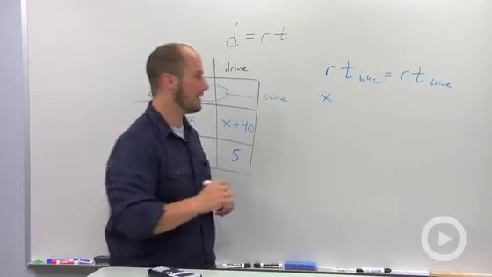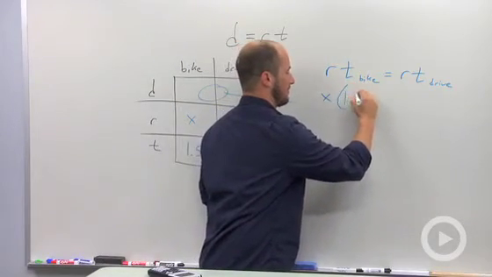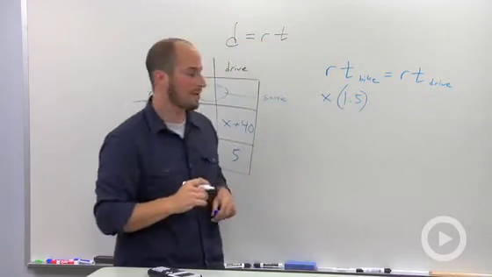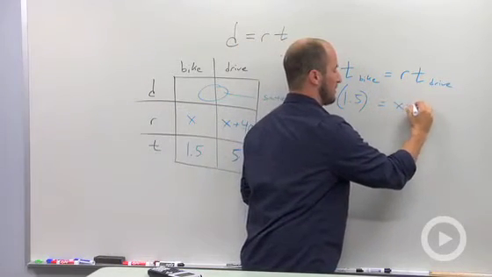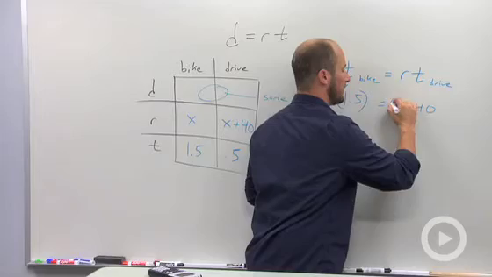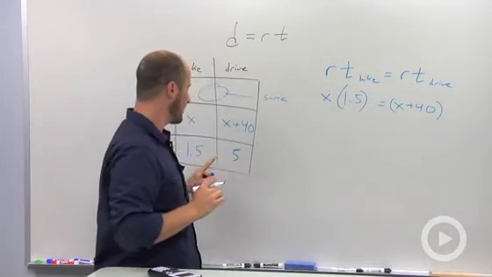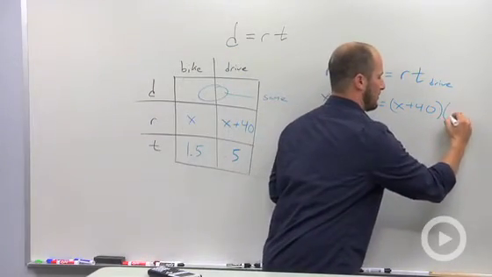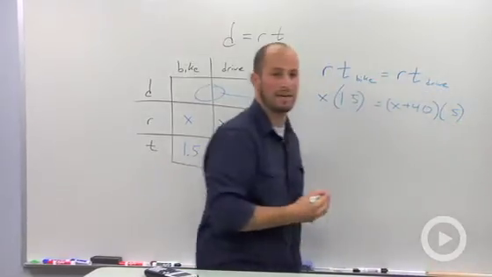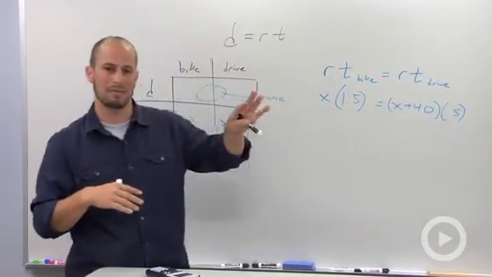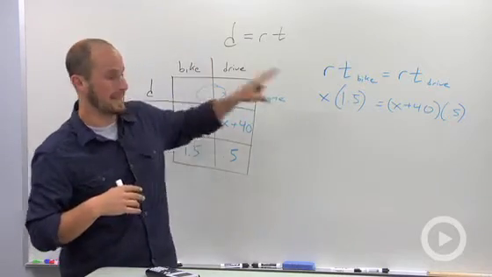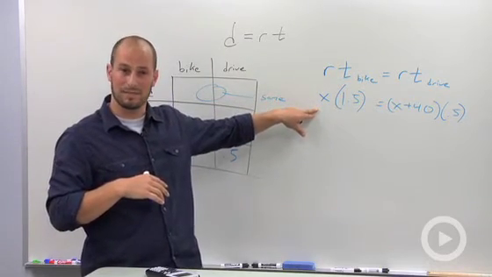Our time of biking is 1.5. Our rate of driving is x plus 40, and our time driving is 0.5. So from here, we've turned our word problem into a table, into a linear equation we can then solve.